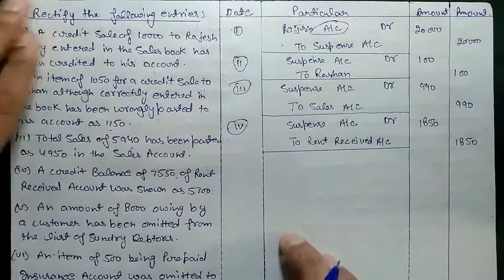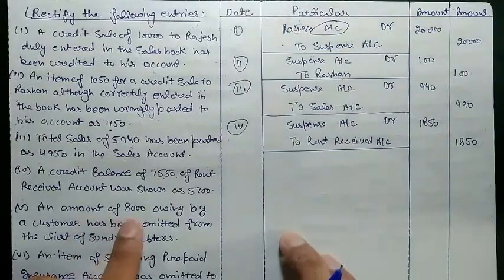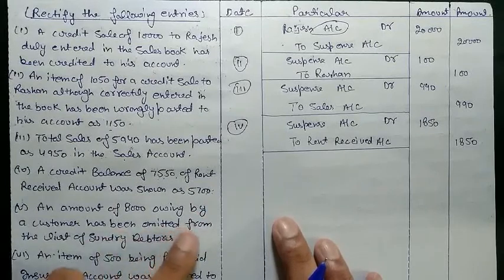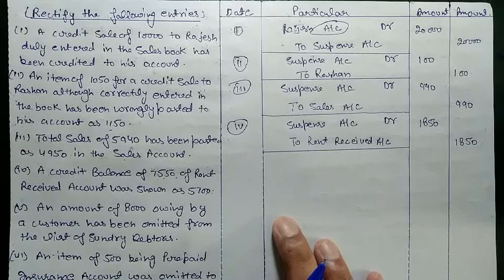After this, we have another question, that is, an amount of 8,000 owed by a customer has been omitted from a list of sundry debtors. This is the entry when a customer who owes us 8,000 rupees has been omitted from the list of sundry debtors. When we made the account of sundry debtors, we did not correctly tick all the names of debtors.